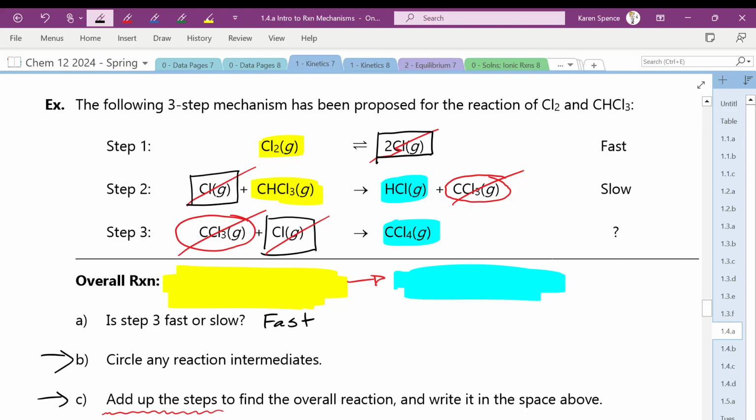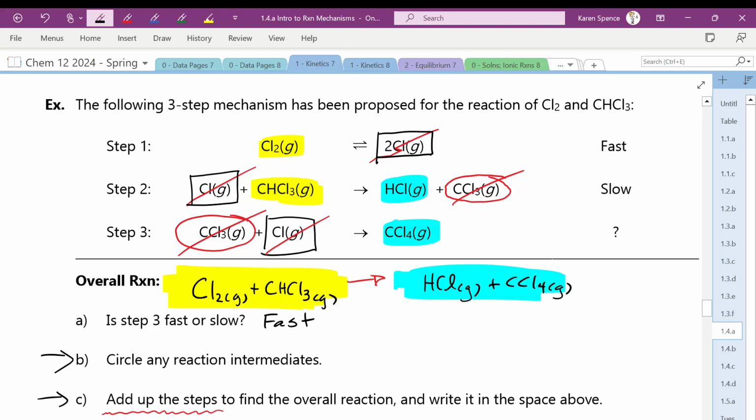So our reactants, Cl2 gas is a reactant that comes in step 1. CHCl3 is a reactant, comes in step 2. HCl is a product. And CCl4 is the product.